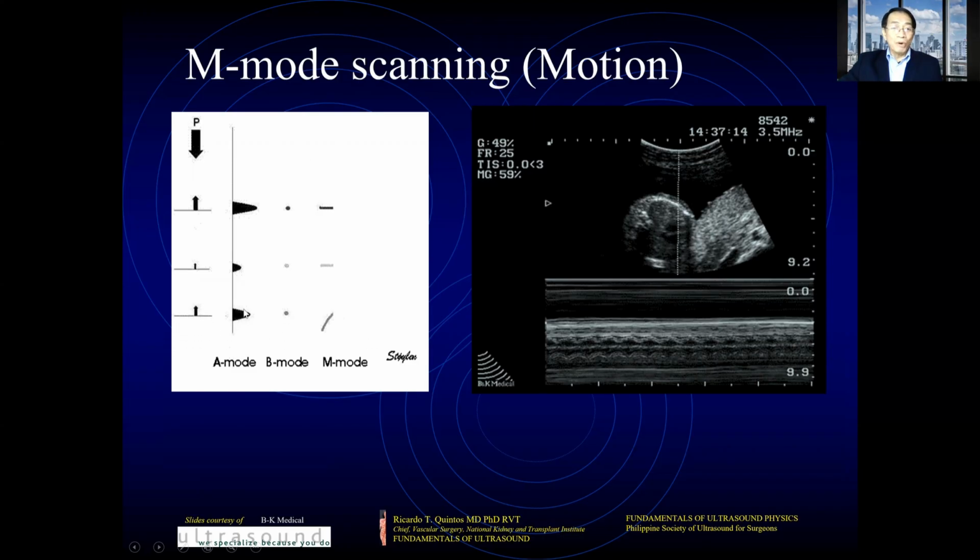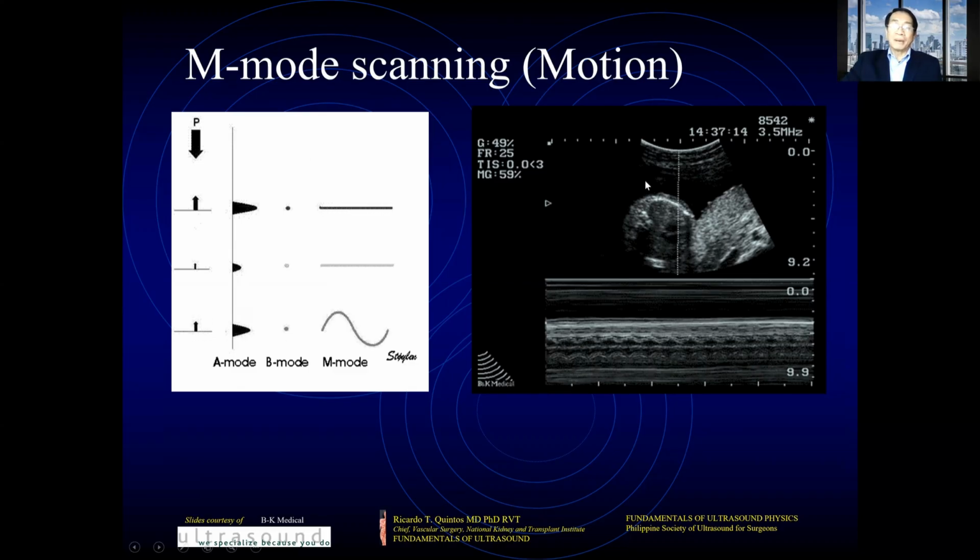When there is movement, so when this organ is moving and the echoes are being transmitted at the relative changes in position of this moving echo, then if you run that across the dimension of time, you will see here the movement of the organ of interest elongated across a time dimension.